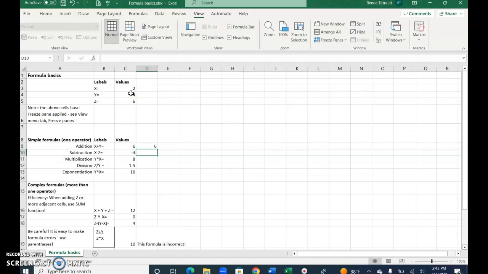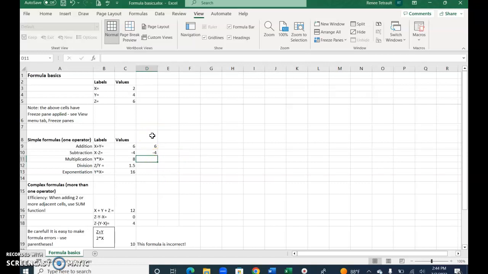Next one, always start with your equal sign, and it's X minus, on the number keypad, Z, which is C5, and Enter. And that is -4, correct. The next one for multiplication is the asterisk on the number pad above the number 9, or if you're using above the letters, you must press Shift 8 to get the asterisk for multiplication.